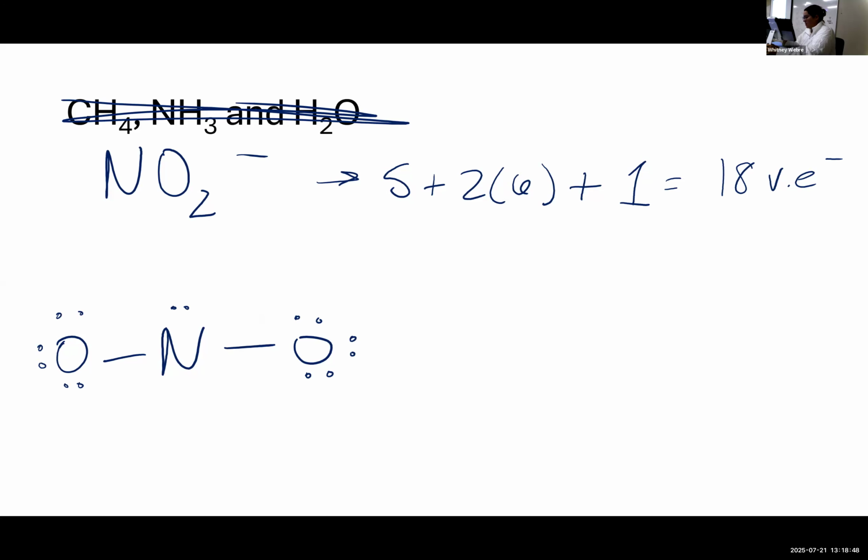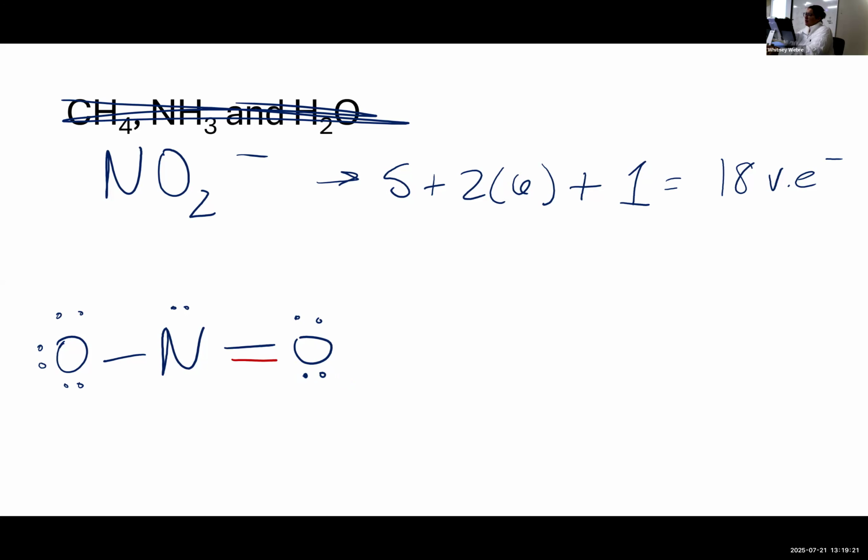The nitrogen's not happy. I'm adding it to the wrong place, sorry. I need to add it to the bond, make a double bond. And I'm going to do a red one here. So 2, 4, 6, 8, 10, 12, 14, 16, 18. Okay, nitrogen is happy. Oxygen is happy. Oxygen is happy. This is correct.